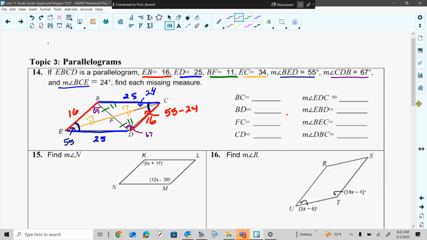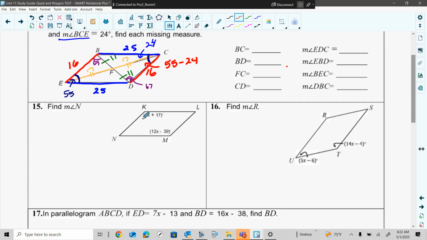All right, then on 15, you should be using the property opposite angles are congruent, meaning angle K is congruent to angle M. There are two things you have to do. You have to solve for X and then plug it back in.